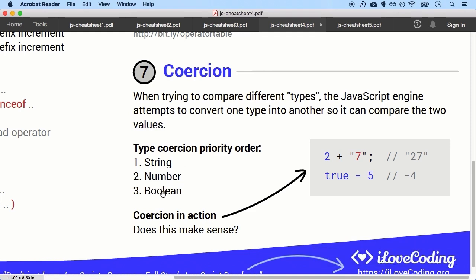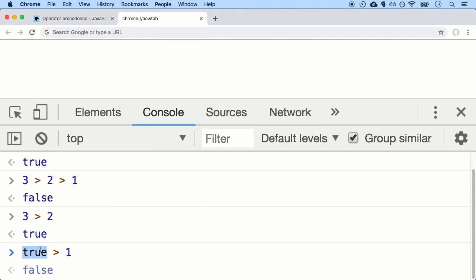Since Boolean needs to be converted into a number, it's going to do that. So going back to our example, true is actually 1. So is 1 greater than 1? That's false. And that's why when you run this full expression, you get the result of false.